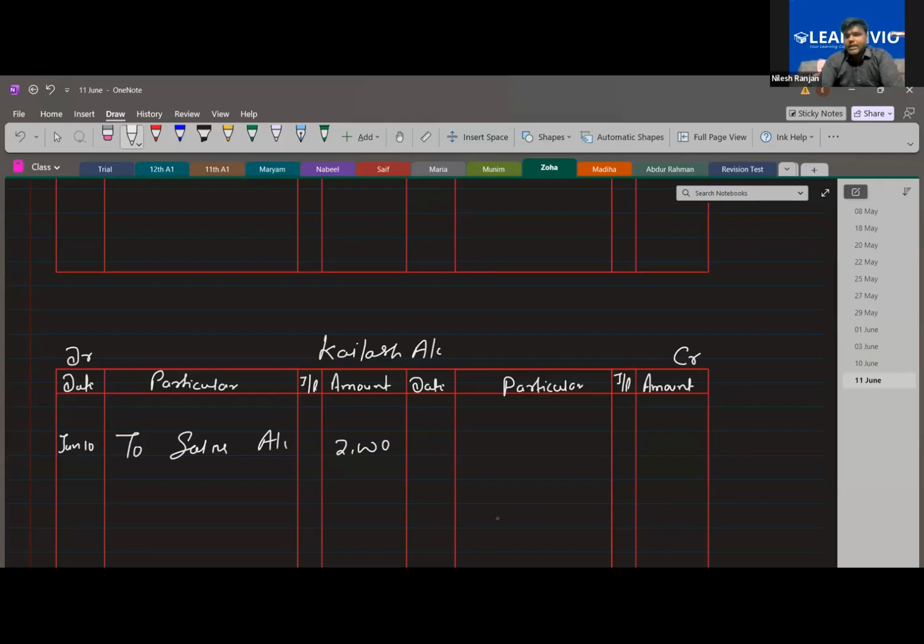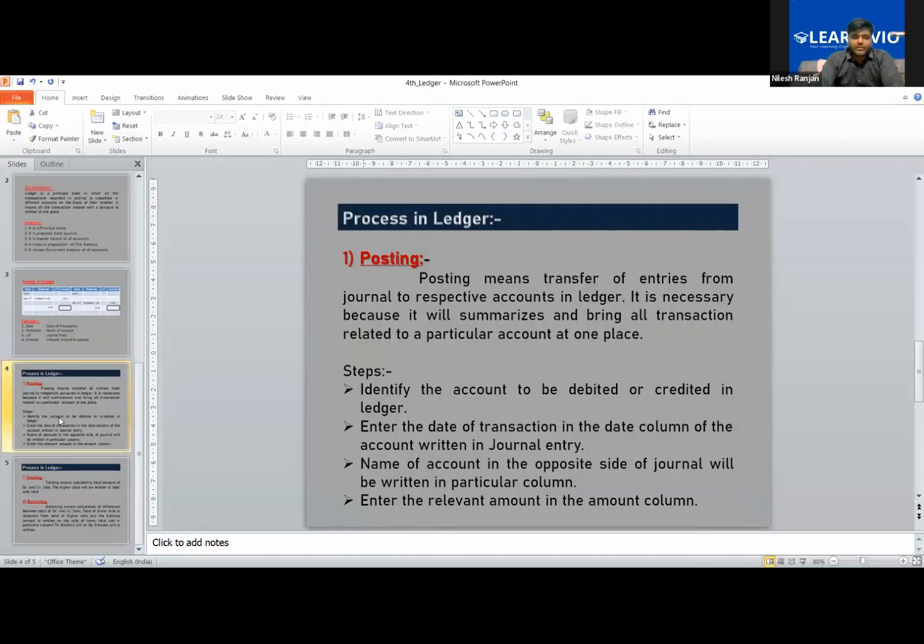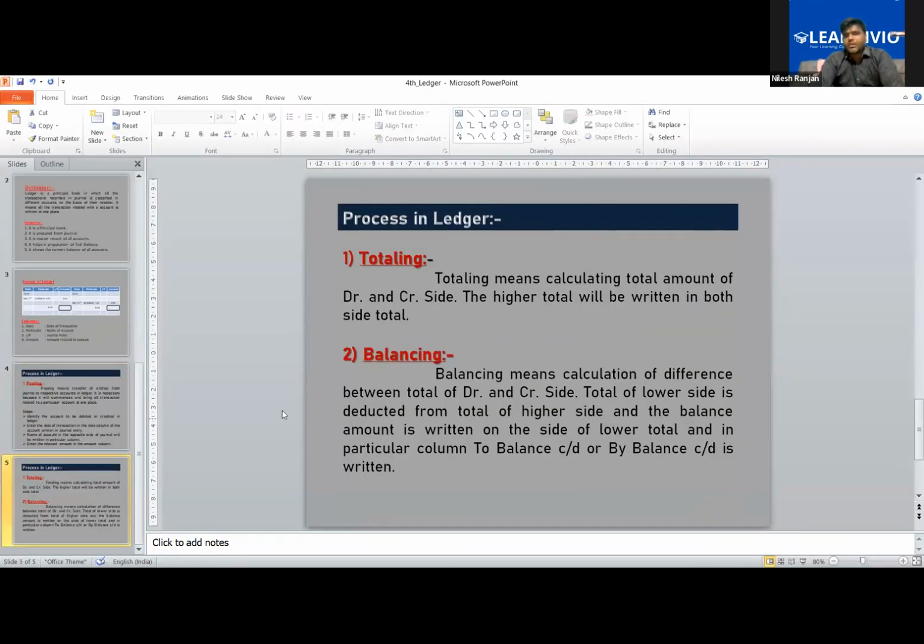Now, after writing all the entries, the next step is called totaling. Totaling means calculating total amount of debit and credit side separately. The higher total will be written in both side total.